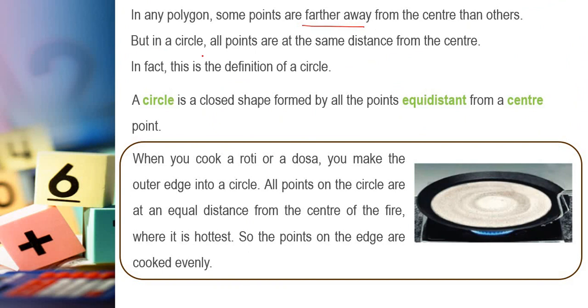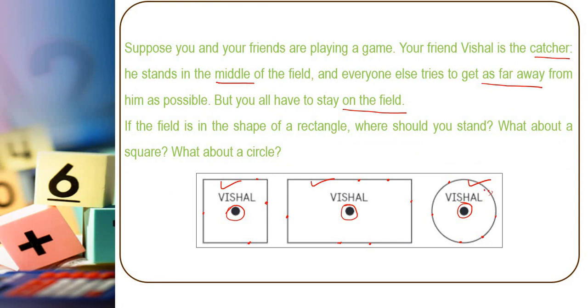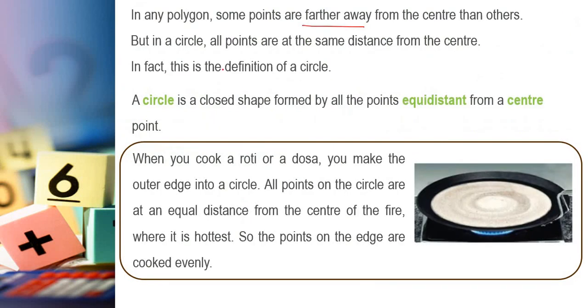But in a circle, all points are at the same distance from the center. As we discussed here, all the points are at equidistance from the center of the circle. But coming to square and rectangle, they are not same. In fact, this is the definition of a circle.